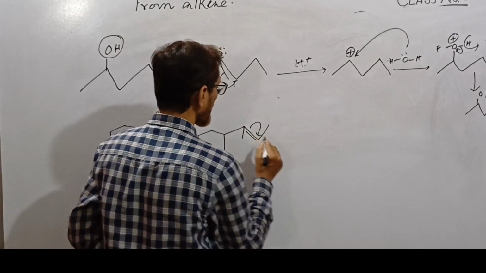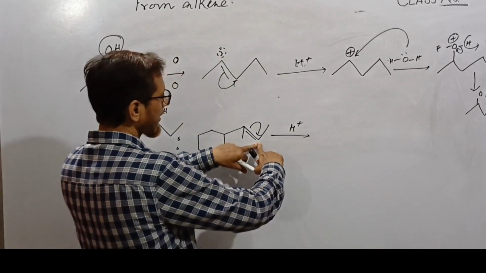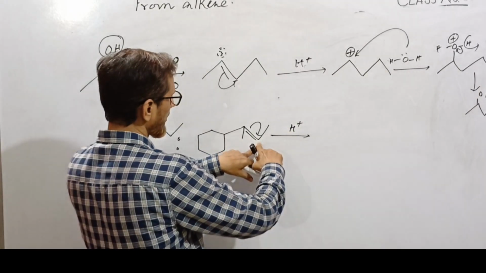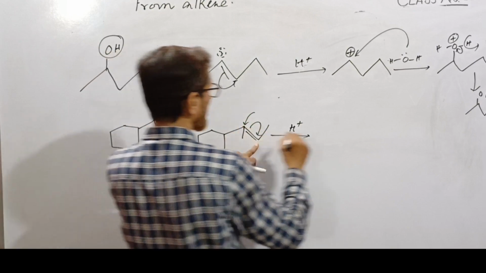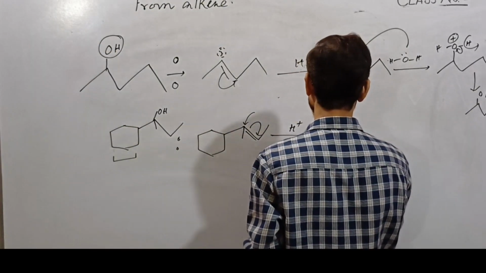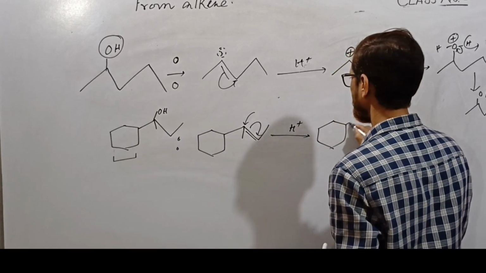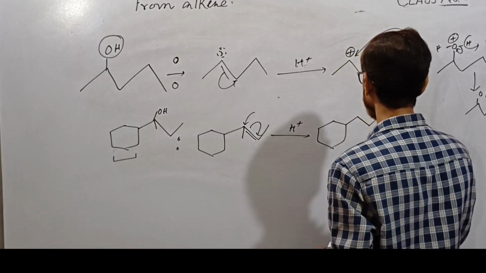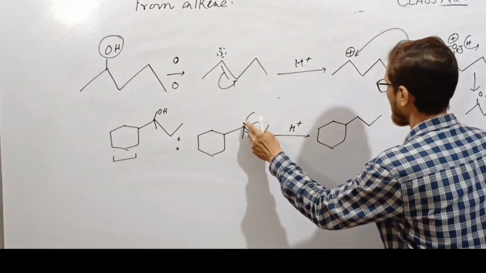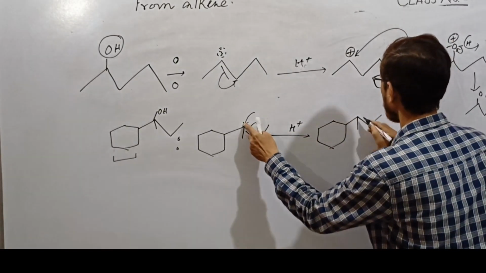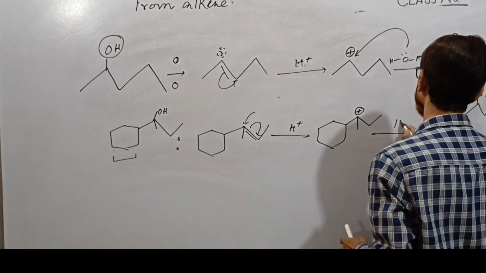So the bond is withdrawn. The negative sign is here, and H enters here. Positivity is generated at this point. So the bond withdraws here, H enters here, and the plus is here. Am I right?